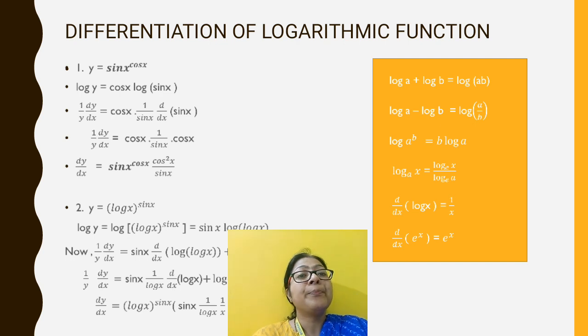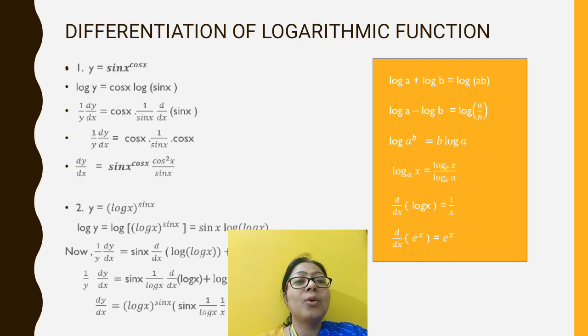This one, cos x into log sin x, we will use the uv formula, the product rule, u dv by dx plus v du by dx. So cos x, and the derivative of log sin x is 1 by sin x, and the derivative of sin x once more, that is cos x.